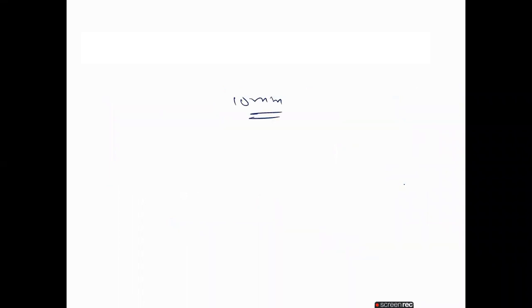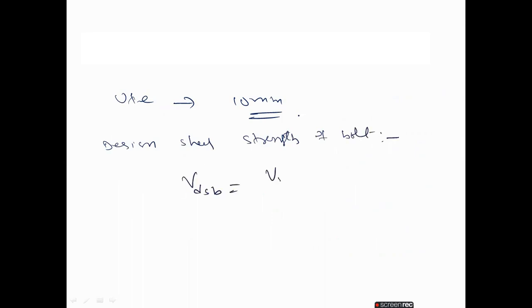Now we will calculate the design shear strength of the bolt, Vdsb equal to Vnsb by gamma mb. This formula is available on page number 75 of the IS 800-2007 code book, clause 10.3.3.